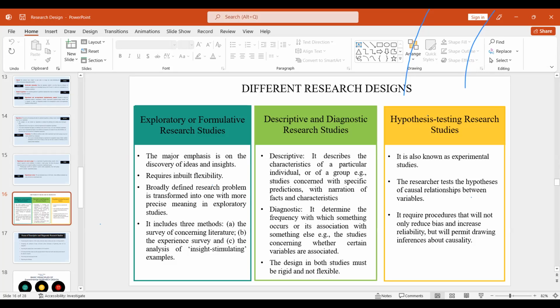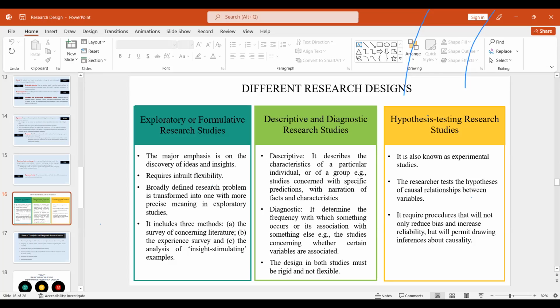So of course, in the case of medical sciences, basically, we prefer to conduct diagnostic research studies. But the third area of research design, that is hypothesis testing research studies, is usually conducted in almost most of the disciplines. First, it is also known as experimental studies.